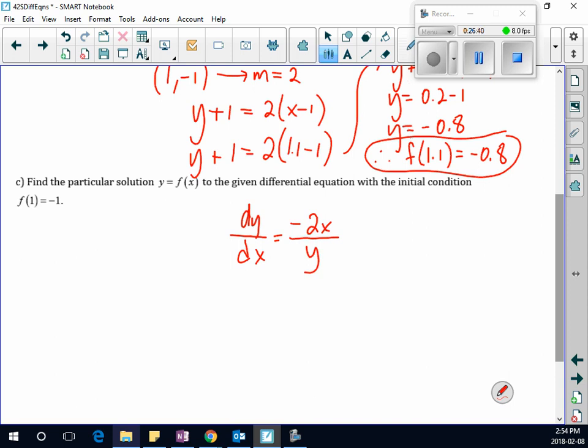Okay, so this is their first kind of introduction to solving a differential equation. So what we're going to do is cross multiply so that we get y dy equals negative 2x dx. Okay? Then what I'm going to do is I'm going to impose an integral to both sides.